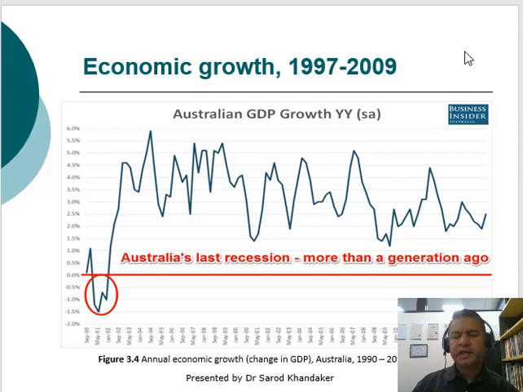If you look at the example of the Second World War, after the Second World War, the economic growth rate of Japan and Germany was unbelievable, and they used to call it the Japanese economic miracle or German economic miracle, because their growth rate was double digit for a number of years.